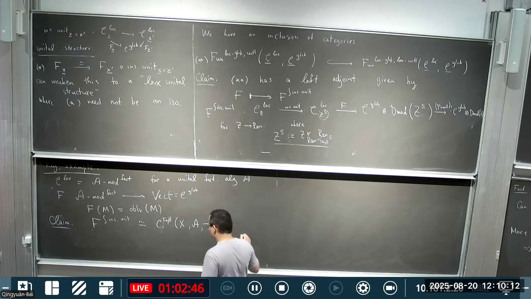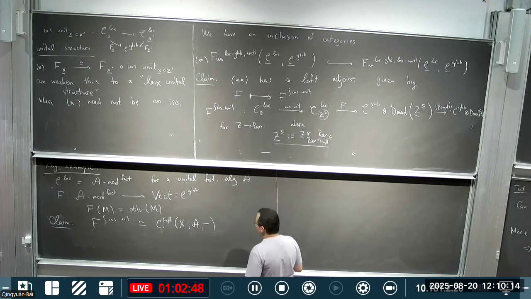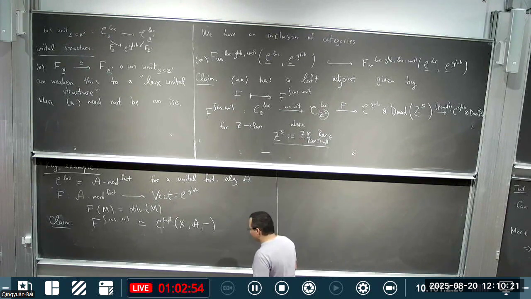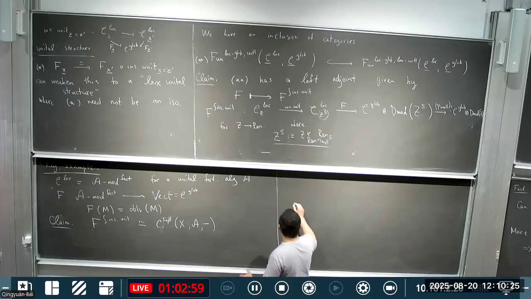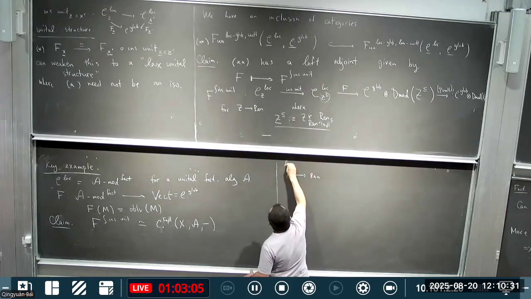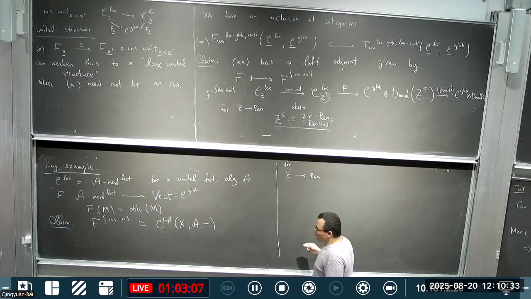Oh, yeah, maybe let me explicate this a little bit. If you have a point z of the Ran space, what is it that you do?